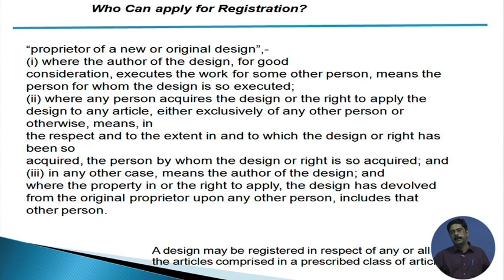You can apply that pattern on chairs also, but you have to register for the chair in a separate class and the school bag in a separate class. You can apply the pattern on a cup or container too, in separate classes. Registration for a school bag does not give protection for a chair, bottle or container; you have to register for each.